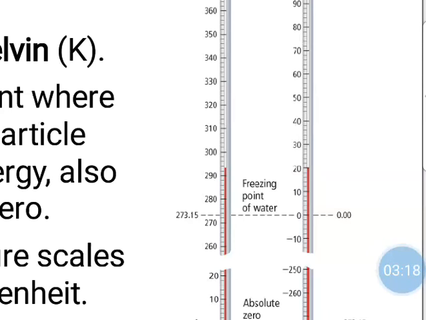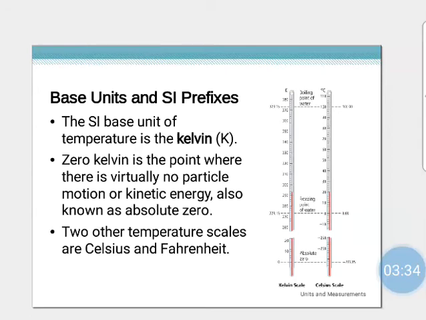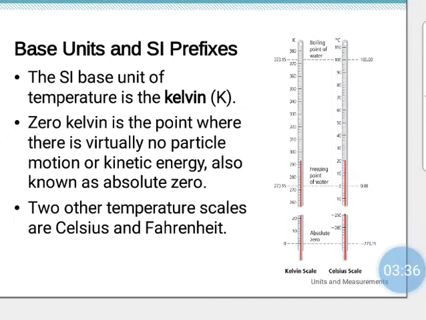So when you're building equations and you're looking at this slide to convert between Kelvin and Celsius or Fahrenheit, you can use that 273 to make those equations, which we're going to go over as we continue this semester.